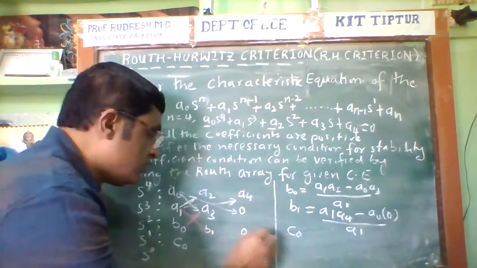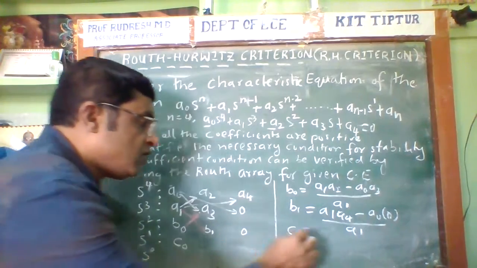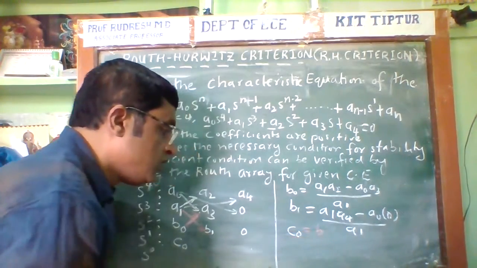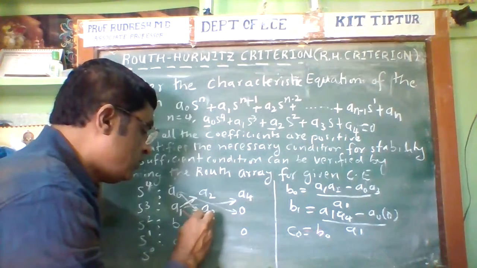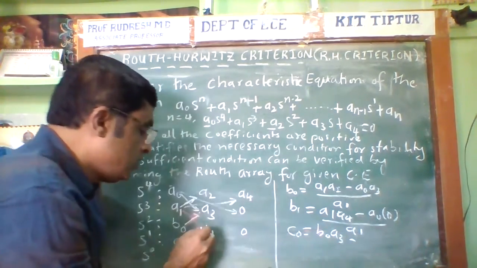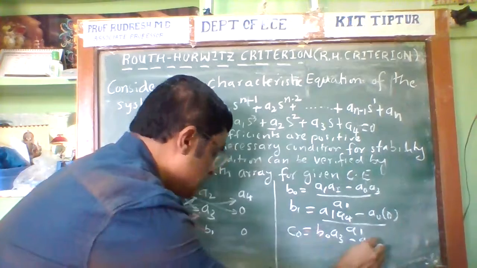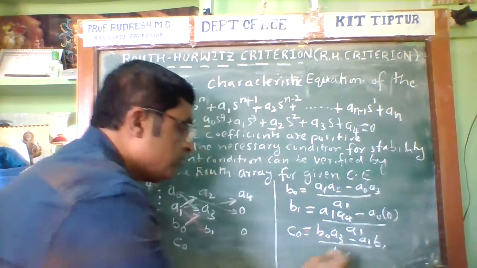Therefore, c0 is equal to b0 into a3 minus a1 into b1, divided by b0.